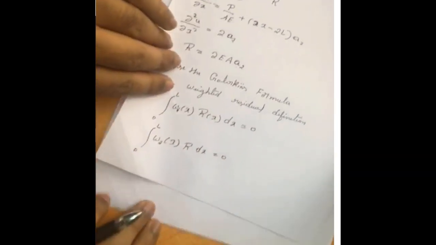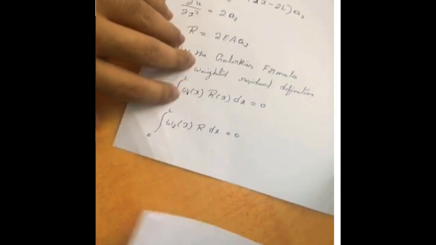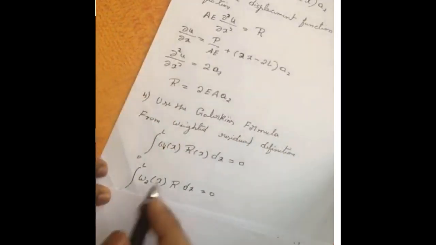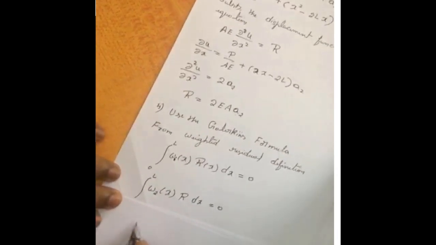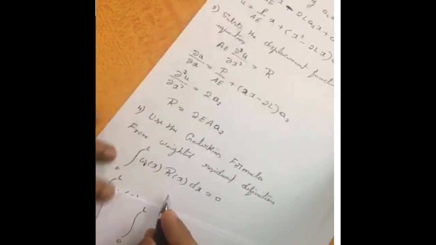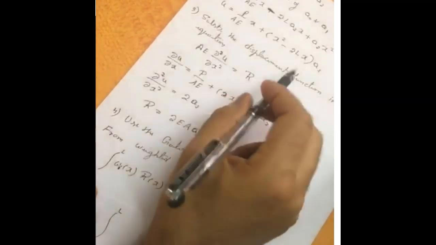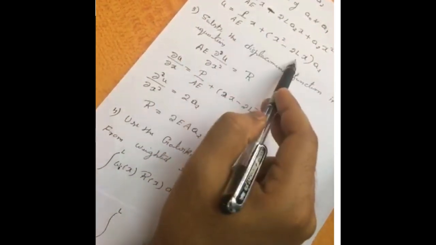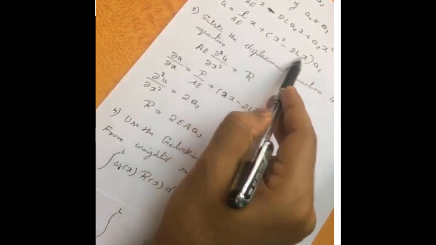Now substituting for W2 of x into R, that is integration from 0 to L. As we have only one unknown, that is a2, W2 of x is x square minus 2Lx.